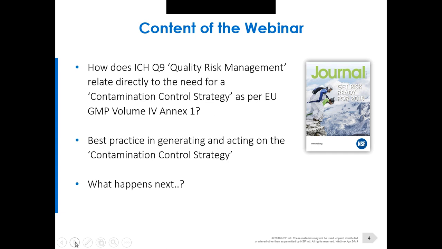This toolkit for generating a strategy for managing contamination could be equally applied to other dosage forms and a variety of different types of products. So I'm going to talk about the best practice on how you can generate that strategy and how you can use it to improve product quality assurance.